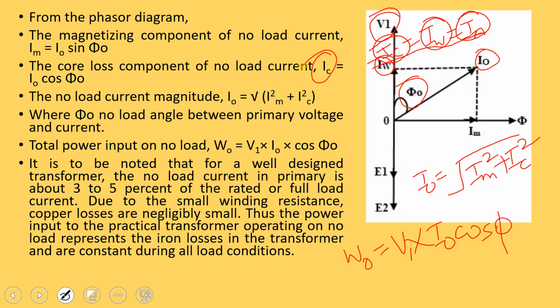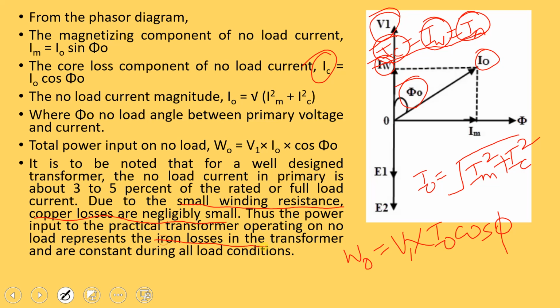It is to be noted that for a well-designed transformer, the no load current in the primary is about 3 to 5% of the rated or full load current. Due to the small winding resistance, the copper losses are negligible. They are very small, we can neglect them. Thus, the power input to the practical transformer operating on no load represents the iron losses in the transformer, and they are constant under all load conditions.